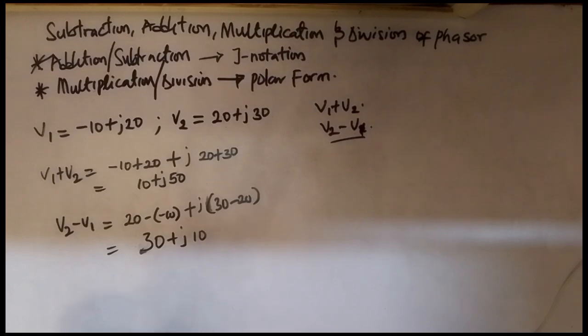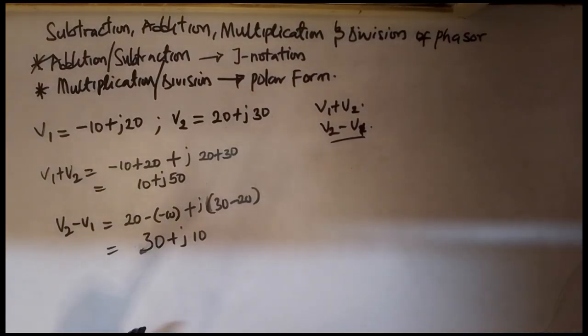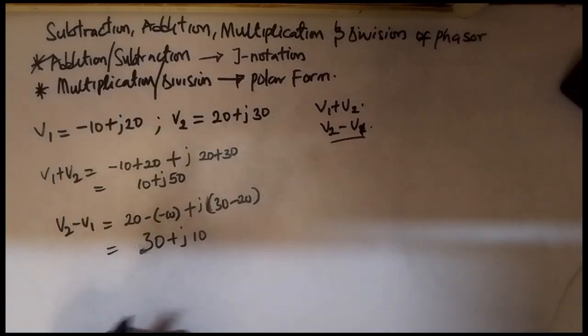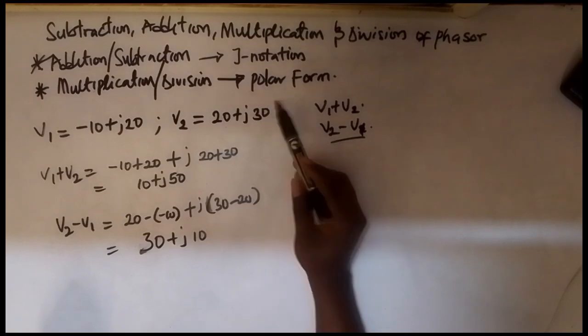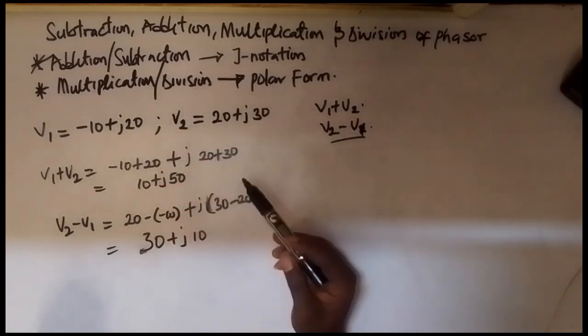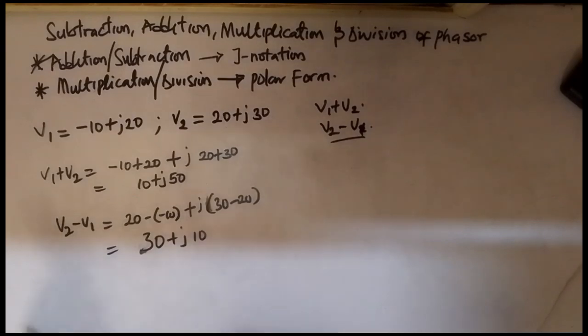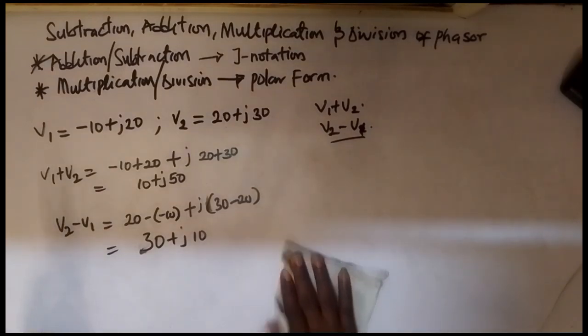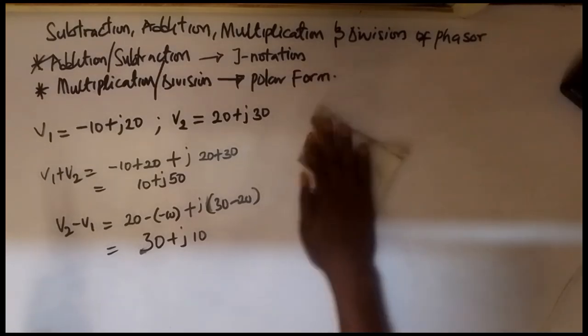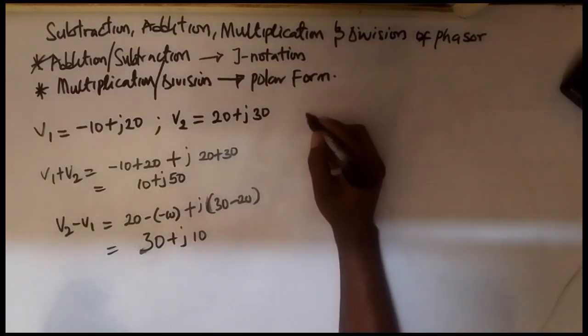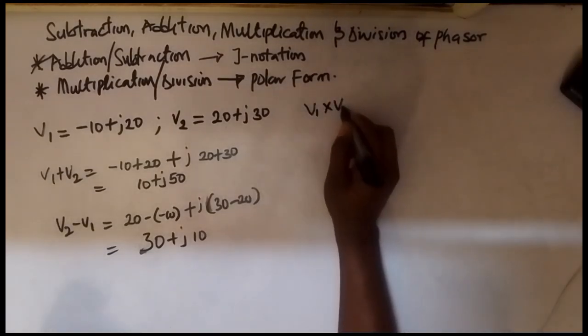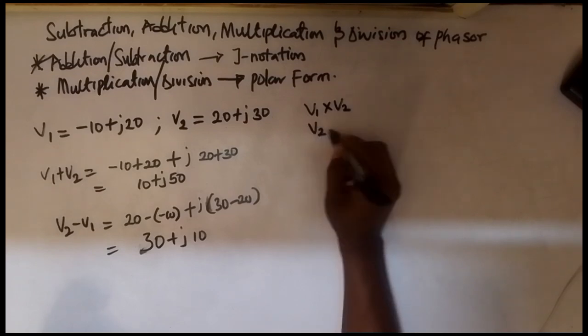But if you are asked to do the multiplication, we just said that to do multiplication, it's preferable we take them to polar form. Not that we can't actually perform this multiplication this way, but when they are in polar form, it becomes a lot easier. So very quickly, I'll just use the same example and perform the operation for V1 multiplied by V2, and also for V2 divided by V1.